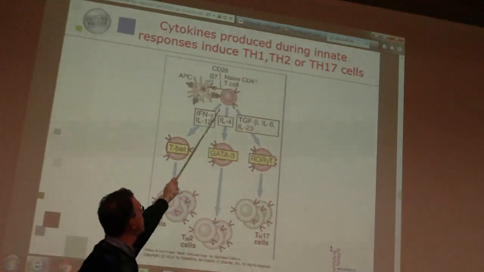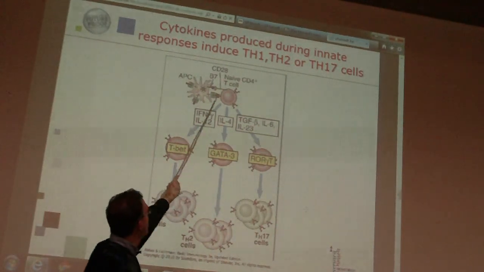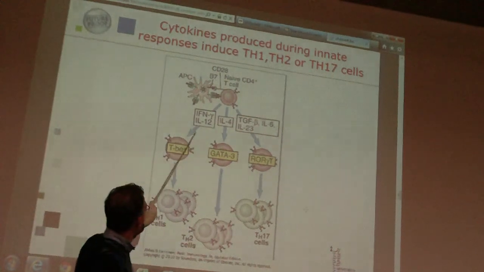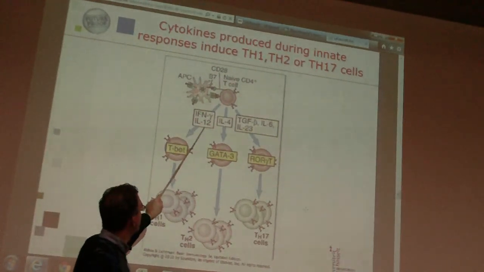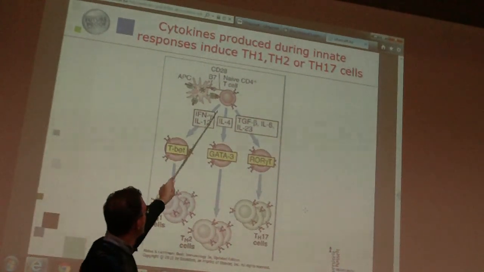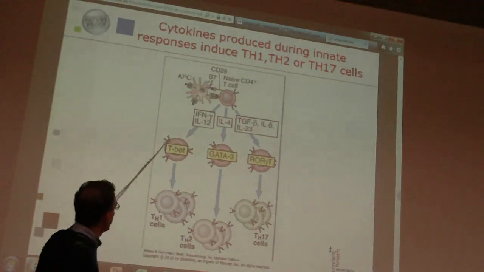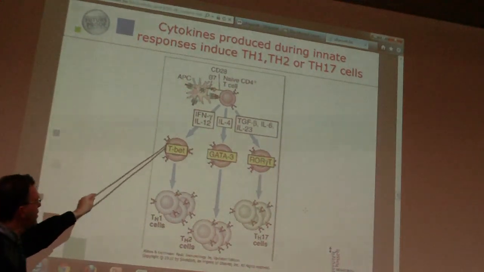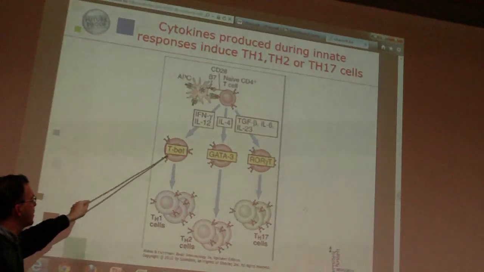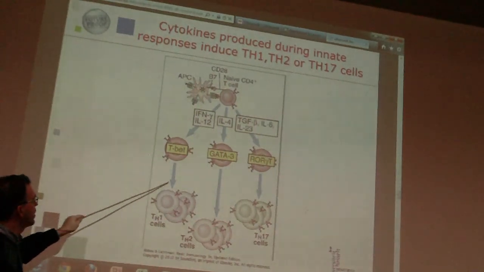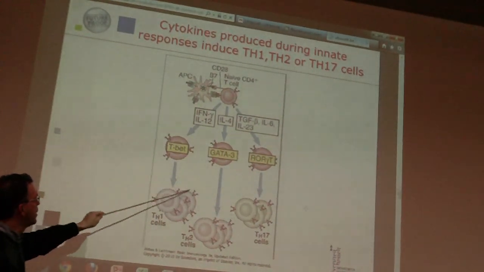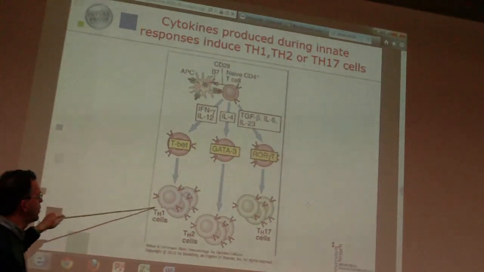A naive T cell that is activated, if there's a lot of interferon gamma and IL-12 produced by the innate immune system, they will get upregulation of a factor called T-bet, and T-bet activates interferon gamma and other genes that will ultimately form Th1 cells.